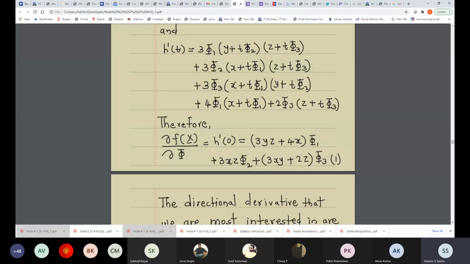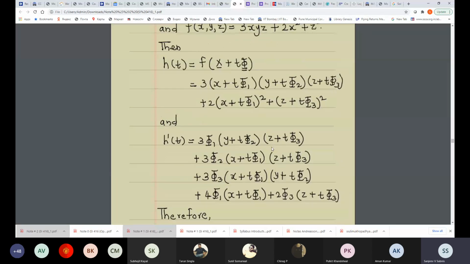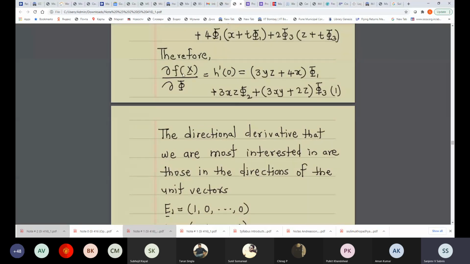This is the directional derivative of f in the direction of phi evaluated at x, and is given by this. The directional derivatives that we are most interested in are those in the directions of the unit vectors.